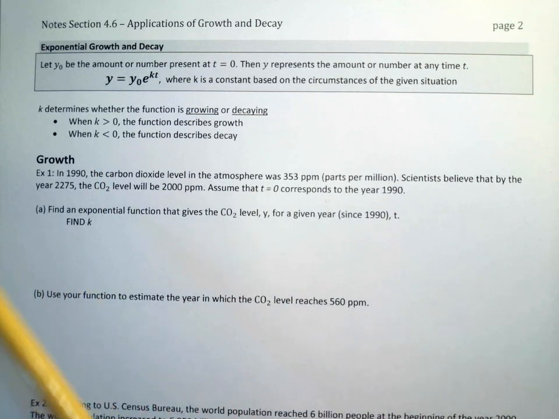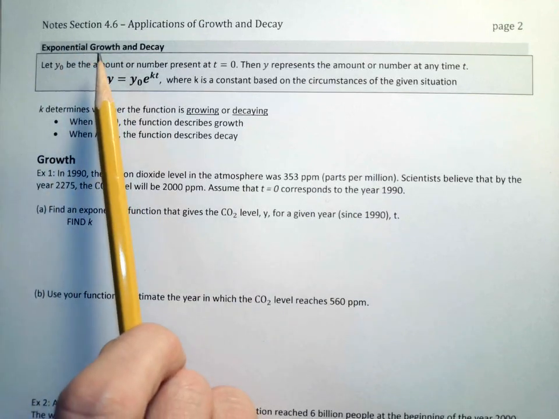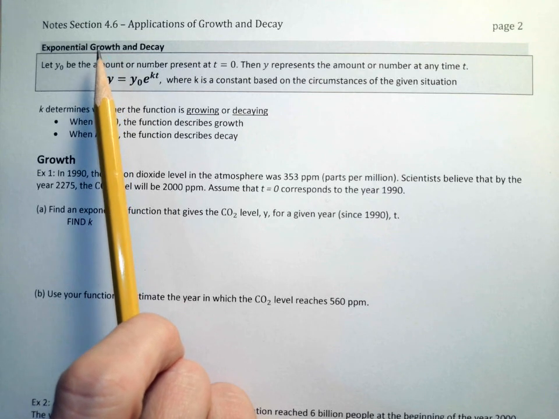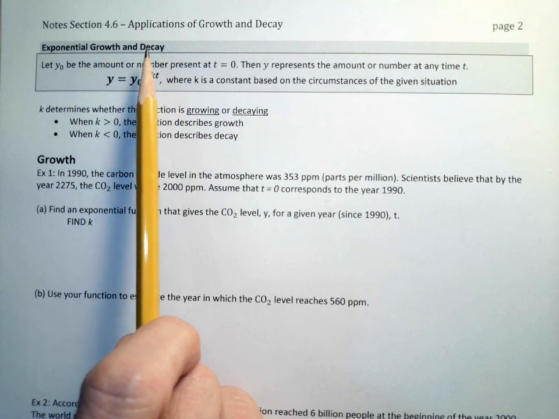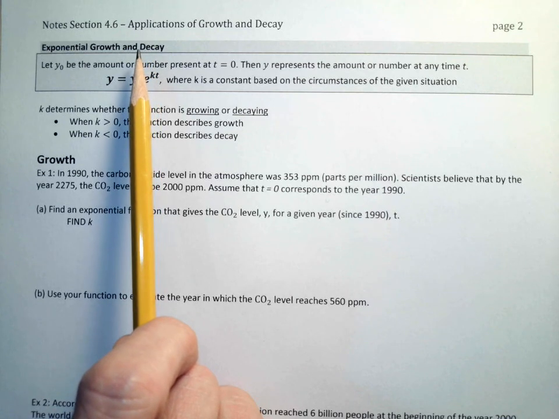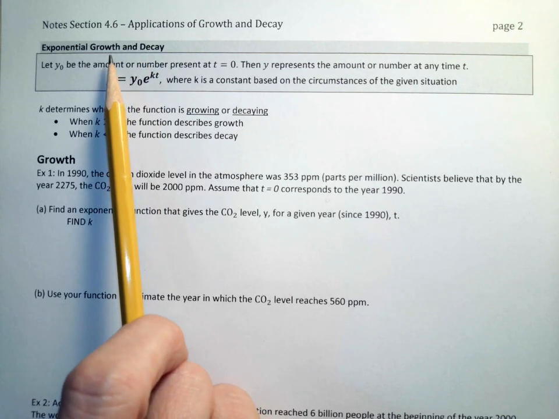The last page was interest, this page is going to be growth, and the third page, the second half of this video, is going to be decay. Amounts that are decreasing. Here we're talking about amounts that are increasing.